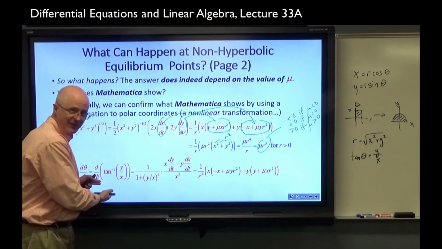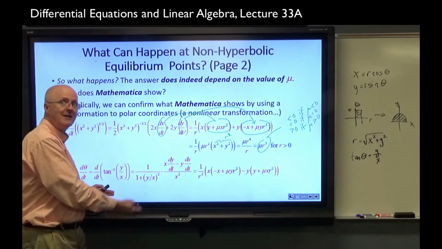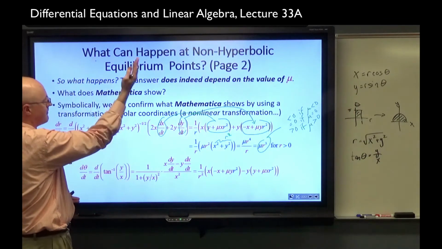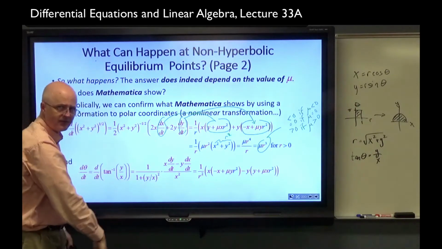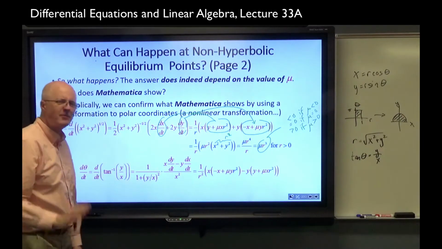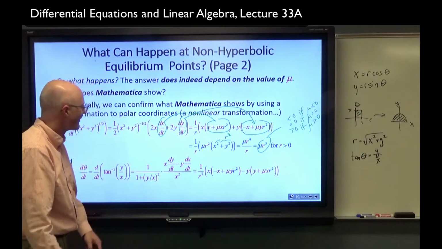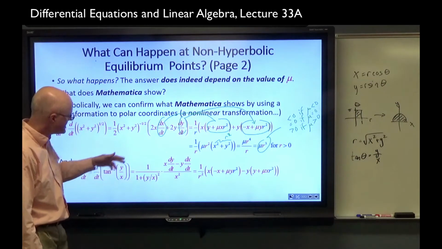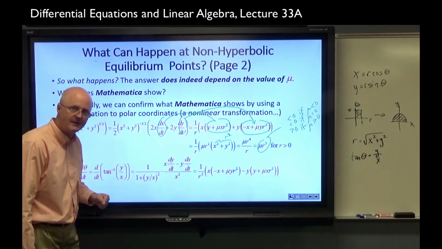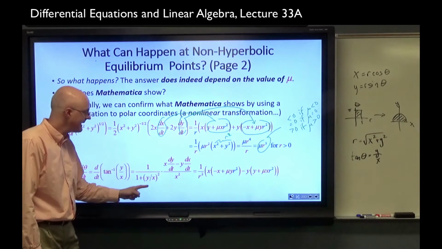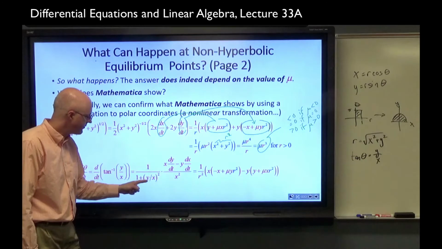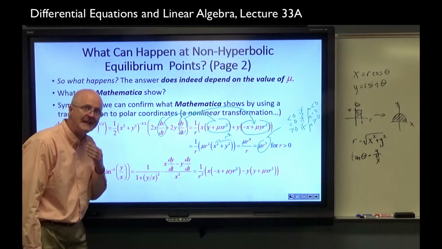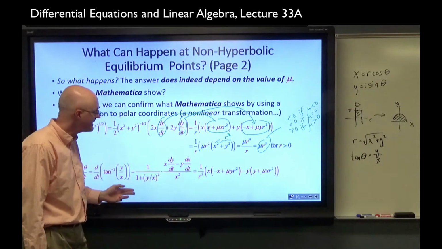This doesn't really define theta for theta between pi over 2 and 3 pi over 2, say. Don't worry about it. We're okay with this pseudo-derivation. What's the derivative of inverse tangent? It's 1 over 1 plus the input squared. The input is y over x, but then I need the chain rule. I need to differentiate y over x with respect to t, assuming both y and x depend on t.